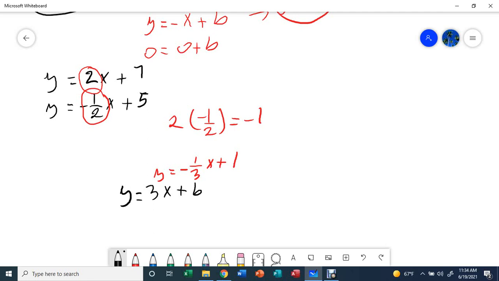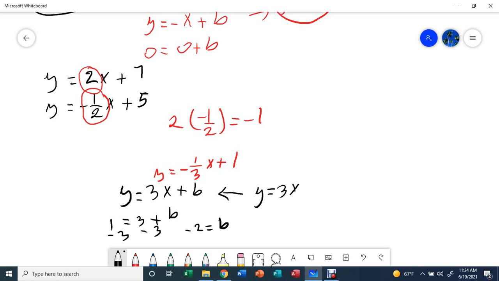So that means y equals 1 and x equals 1. So 3 times 1 is 3 plus b. And we subtract 3 from both sides, and we get -2 for b. -2 equals b.